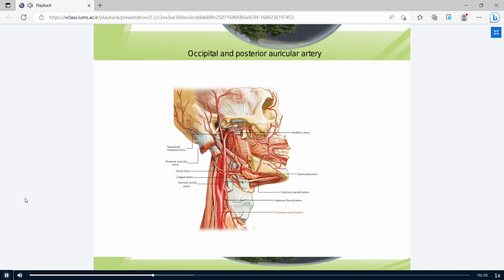This is the submental branch, arising from the facial artery in the neck region, and this is the tonsillar and ascending palatine branch that goes to the palatine tonsil and soft palate. And finally, the facial artery enters the face and divides into the facial branches, such as inferior labial, superior labial, nasal branch, and angular branch.